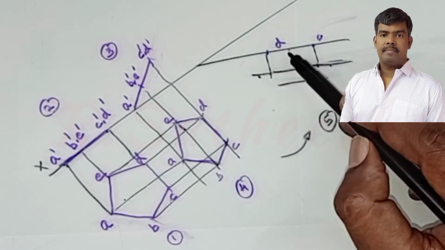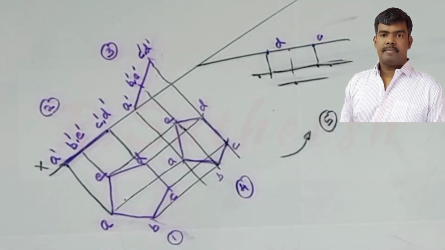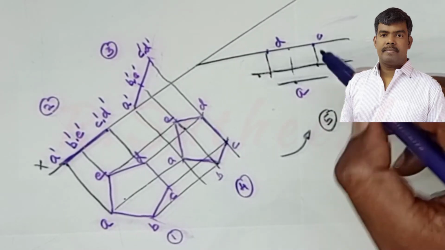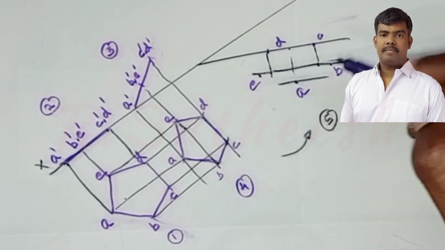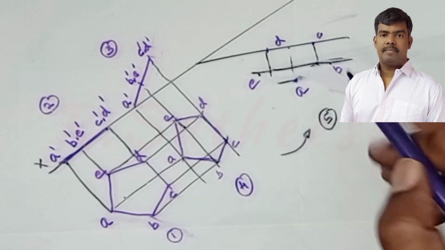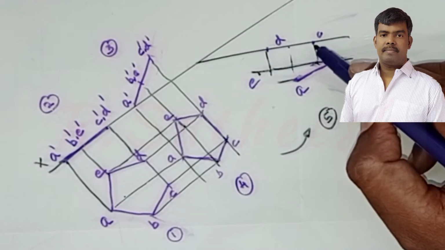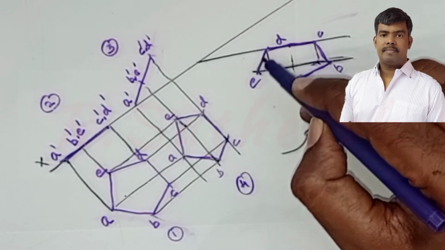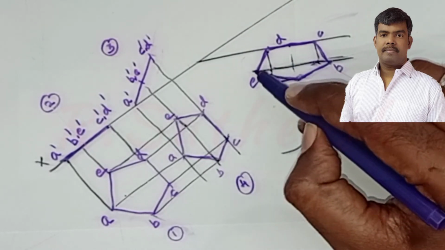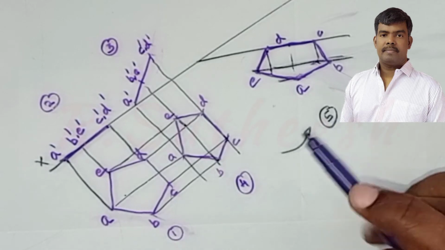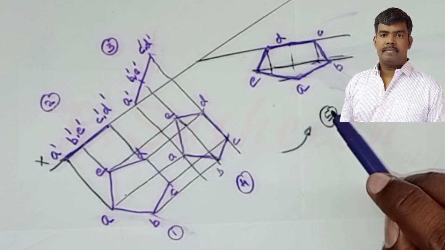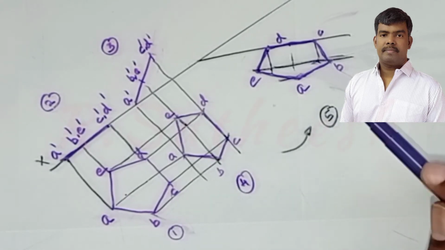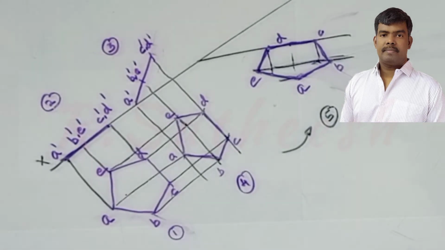So project the midpoint of CD here, and this point is A. So this is A, this one is B, C, D, this is E. Now you join all the points: A to B, B to C, C to D, D to E, E to A. The fourth and fifth are the same diagram, with the perpendicular to VP changed to 30 degrees inclined to VP.